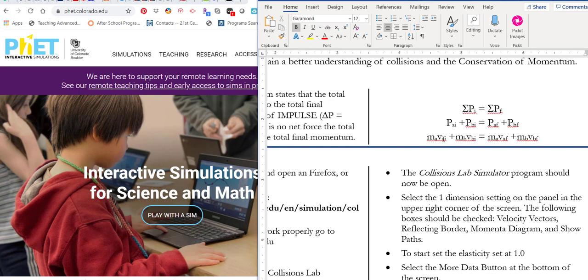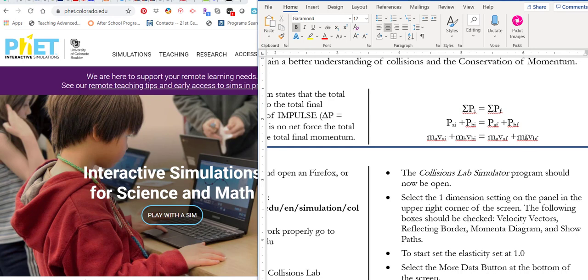Okay, so we have the total momentum of the objects before they interact, and that must equal the total momentum after they interact. This particular equation that you're seeing here is for what we call an elastic collision. They move separately initially, and after they hit each other, they have separate velocities afterwards.